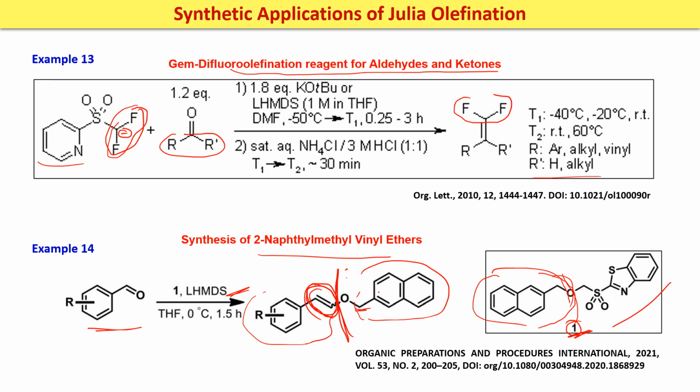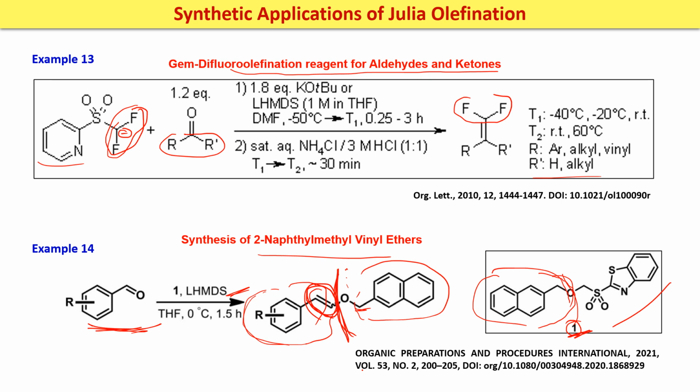From that we are getting this part, and the other part we are getting from this aldehyde. So in this way we can make a vinyl ether, where on one side of the ether there is a C=C double bond, vinyl, which is actually formed by Julia olefination. But if you simply consider the name of the final product, the ether, it is 2-naphthyl methyl on one side and vinyl group on the other side.